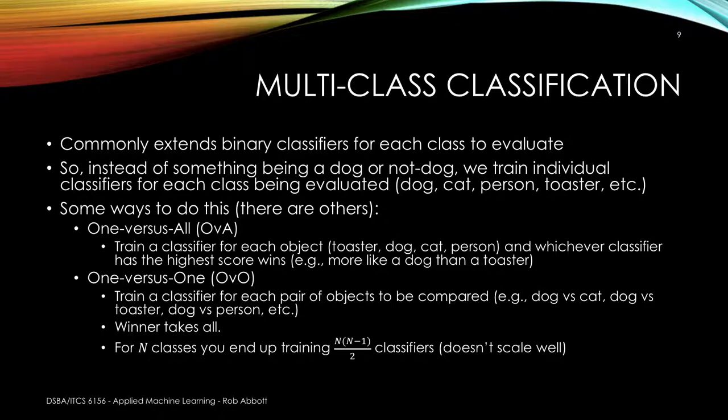And then the one versus one method where we train all of these classifier pairs and do a winner-takes-all classification as a result of all of these different evaluations. We talked about the n times n minus 1 over 2 number of classifiers that you have to train. And once again, this just really doesn't scale well when you get into large numbers of features.